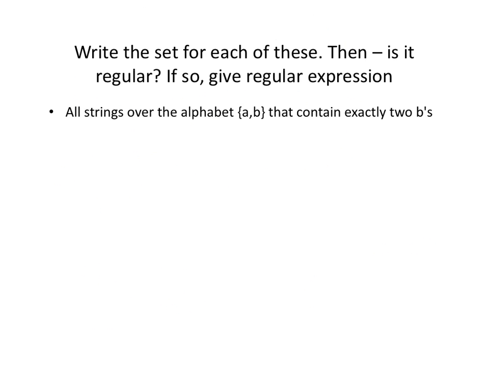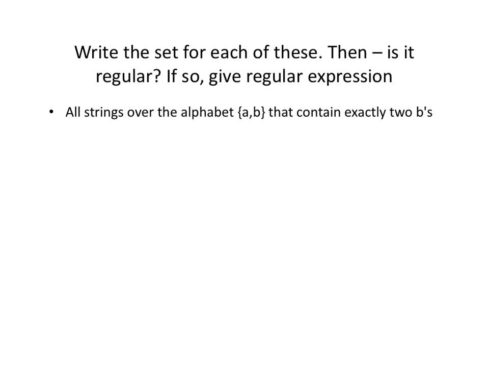Okay, so this is the trickiest one of the bunch. This says we want to find all strings over the alphabet AB that contain exactly 2 B's. So no more, no less. We know we have to have 2 B's. And if you think about it, we didn't say the 2 B's have to be at the beginning. We didn't say they have to be at the end. We didn't say they have to be next to each other.